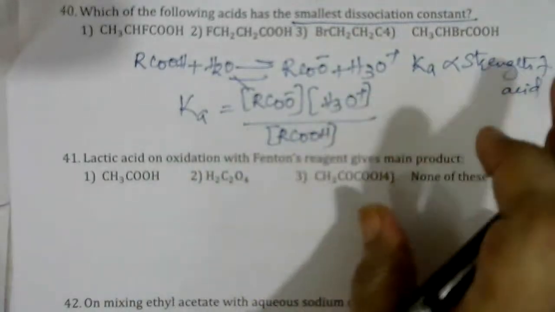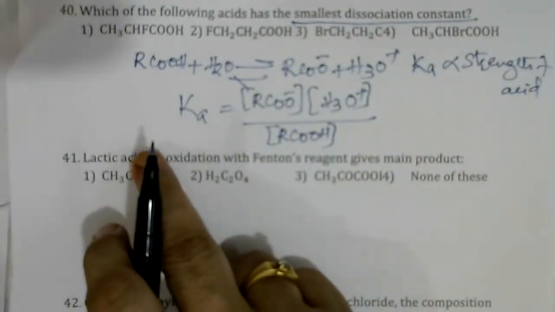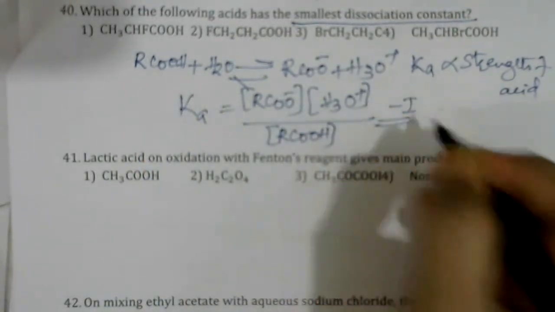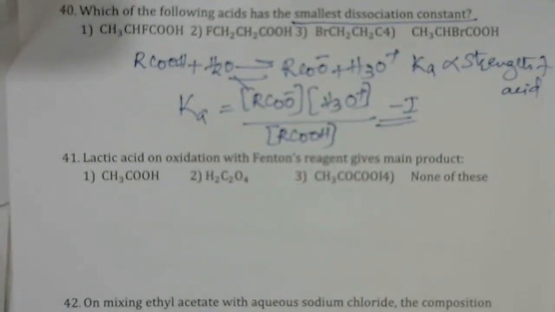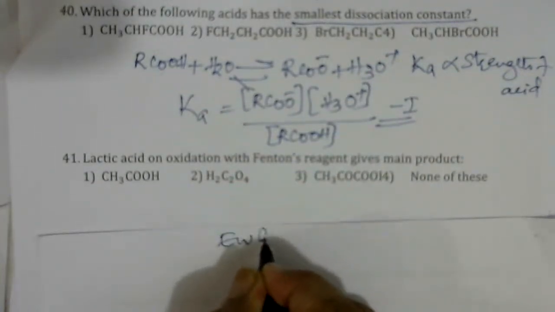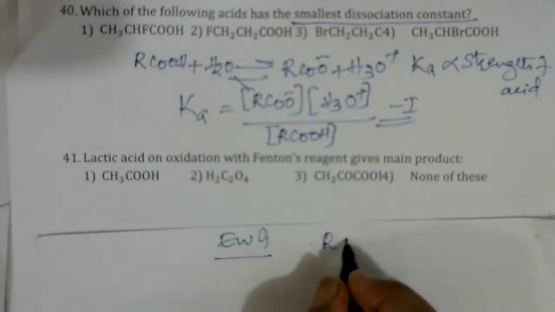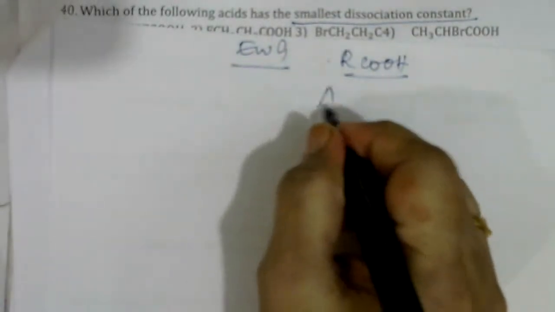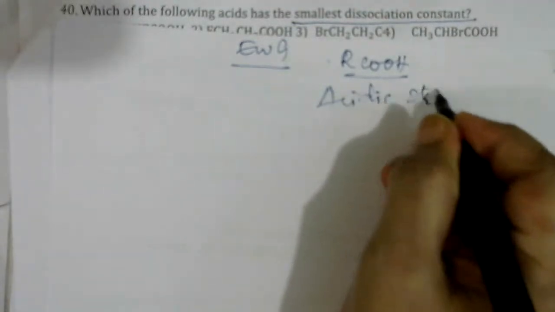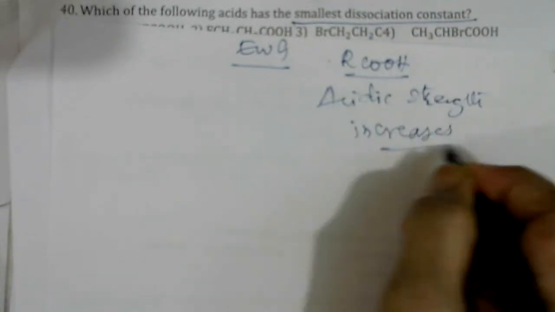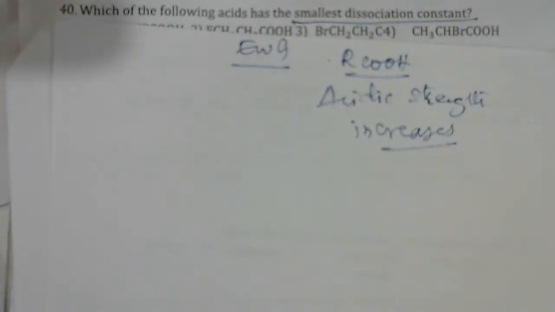Another point, based upon negative inductive effect, have you remembered, children, what we said? Whenever an electron withdrawing group is attached to a carboxylic acid, acidic strength increases.